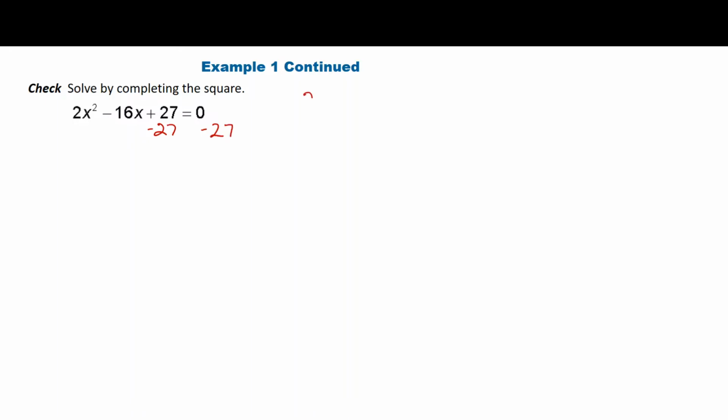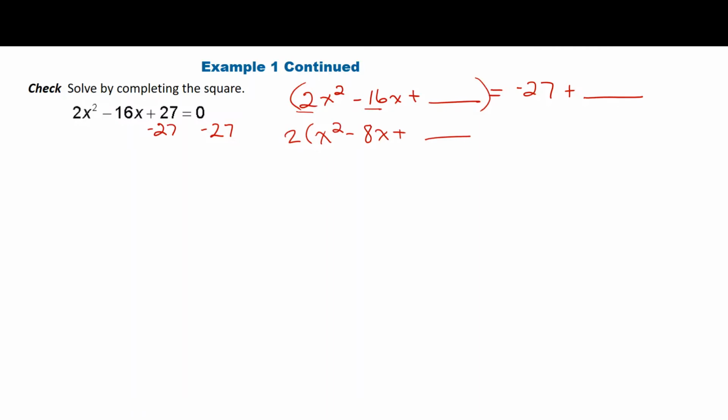So I end up with 2x squared minus 16x plus something is going to equal negative 27 plus something. All right, so when I start to factor this next set, I notice that there's a 2 in front here that I can factor out of here. So I'm actually going to factor out a 2, and that's going to leave me with x squared minus 8x plus some number is going to equal negative 27 plus some number.